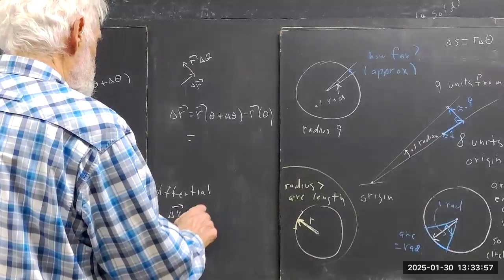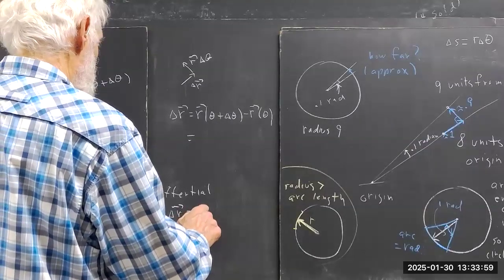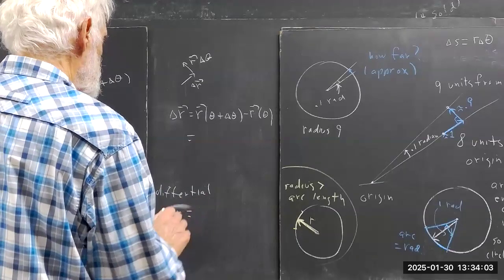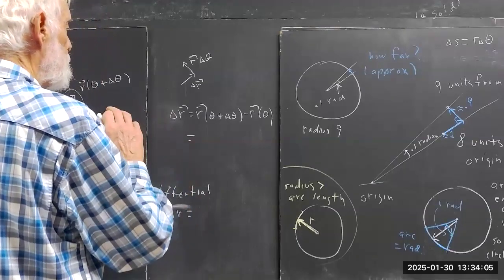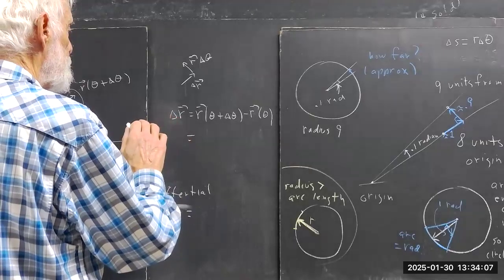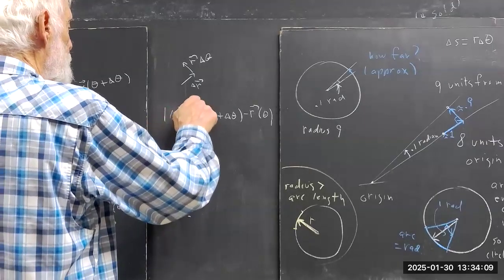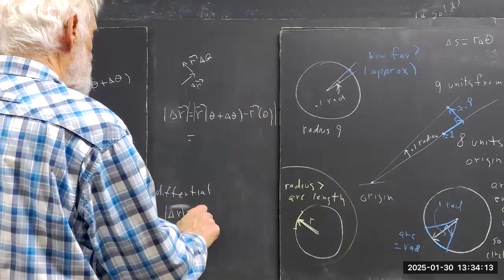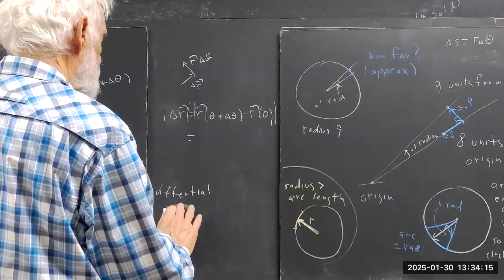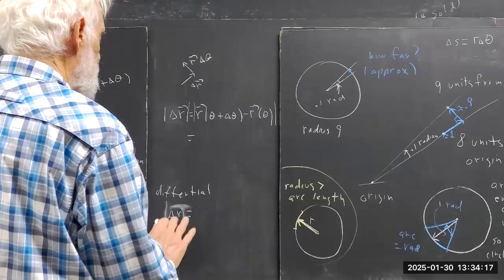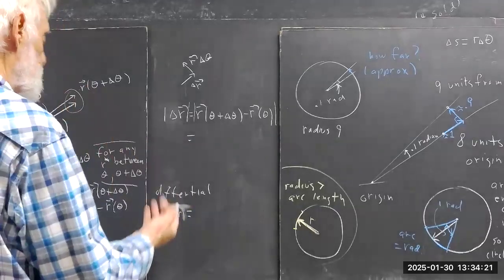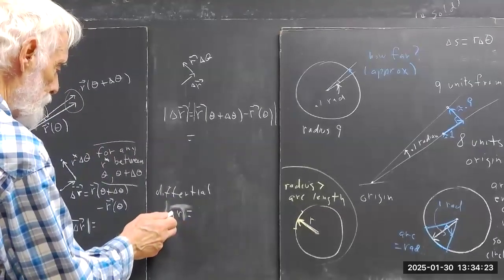But delta R equals, I'll just say delta R. It'll be the magnitude of delta R. Now I'm going to write, I don't want to explain everything I'm doing, it would take too much time.